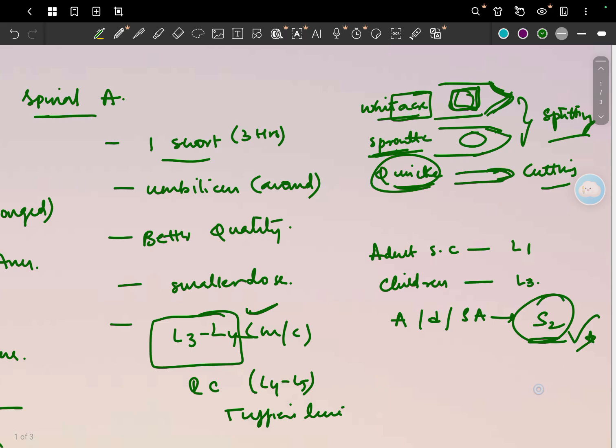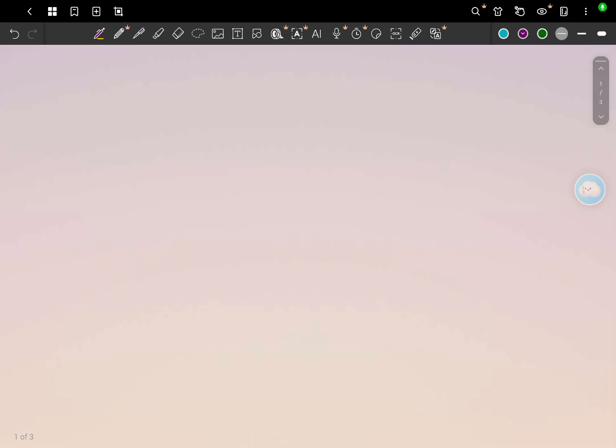Now we'll be seeing a few more points about this neuraxial block. Contraindications for neuraxial block include coagulopathies, papilledema, shock, increased ICP and local infection.